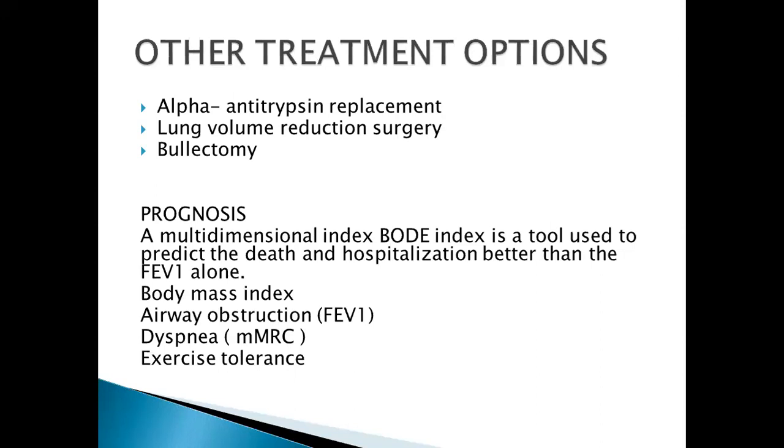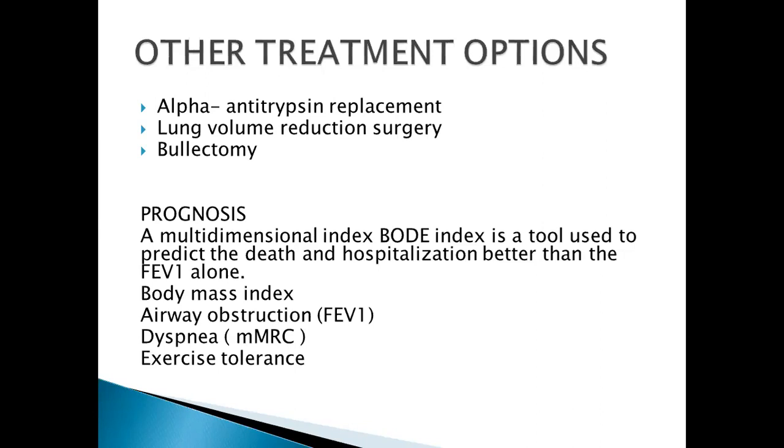The BODE index also includes the body mass index. We saw that people with COPD tend to even develop cachexia and wasting. So if your body mass index falls below a certain parameter, usually 18.5, you should know that this person is at the later or end stages of the disease.